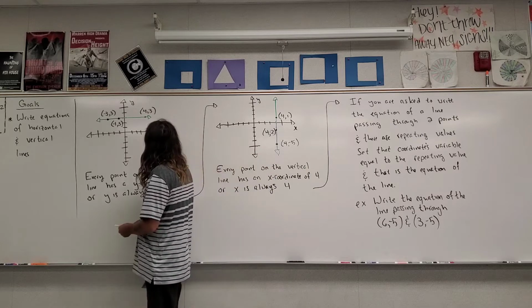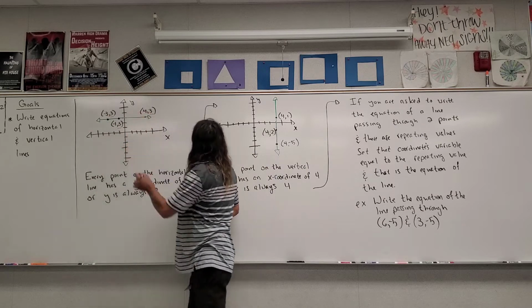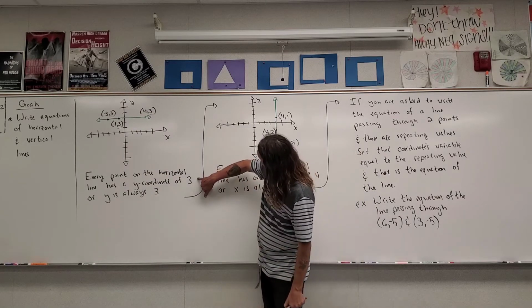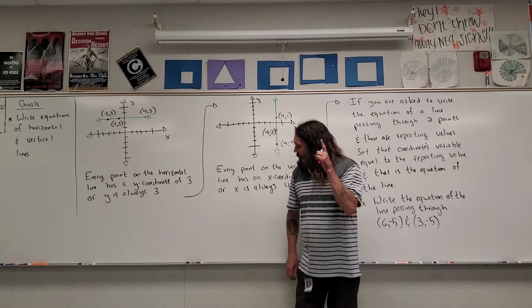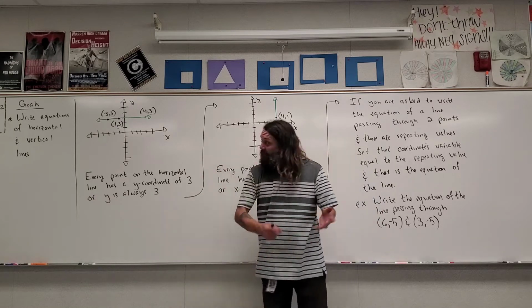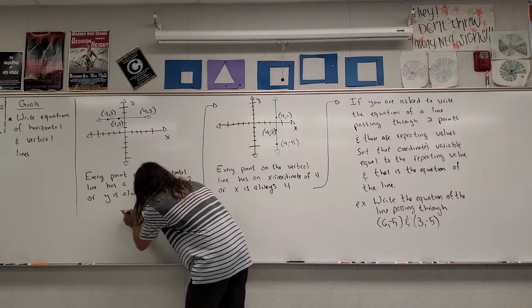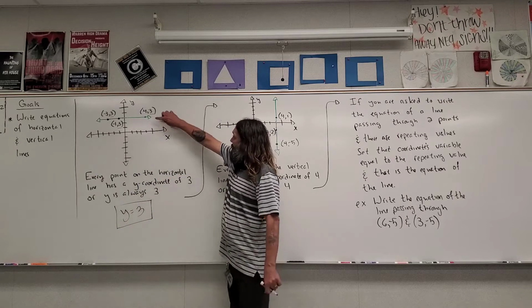So I'm going to underline the y-coordinate of 3 to really stress that. Every point on the horizontal line has a y-coordinate of 3, or y is always 3. That is literally the equation of that line. Y is 3. That is the equation of that horizontal line.